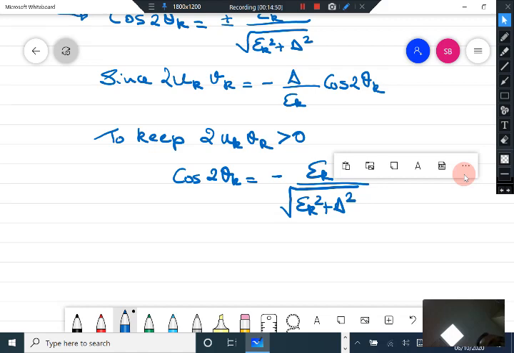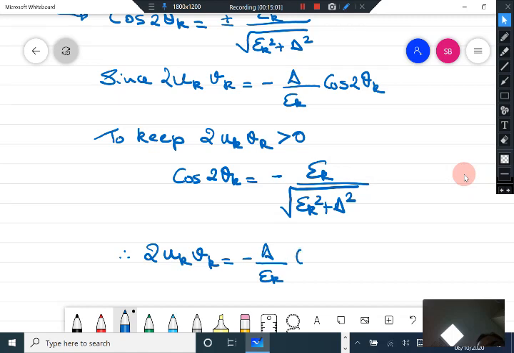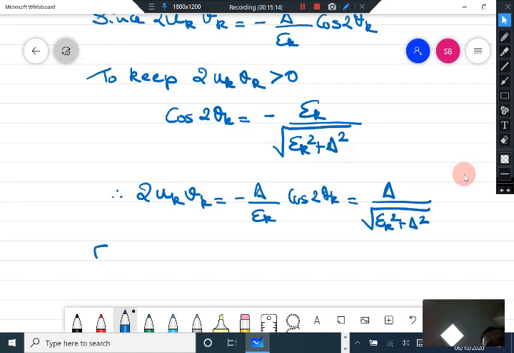So therefore twice of uk into vk, which is equal to minus delta over Ek cos 2 theta k, becomes equal to delta by square root of Ek square plus delta square, where we define this quantity capital Ek as the square root of Ek square plus delta square.